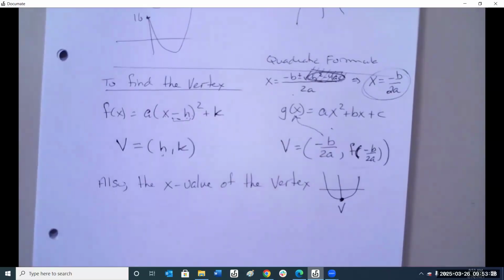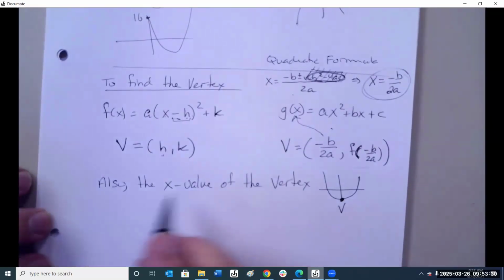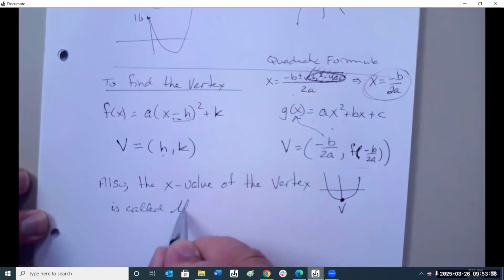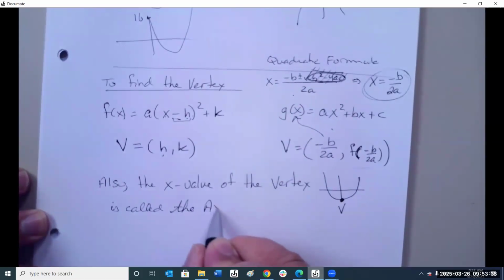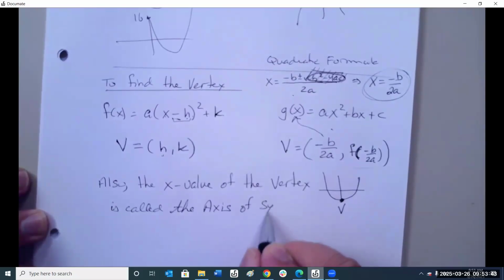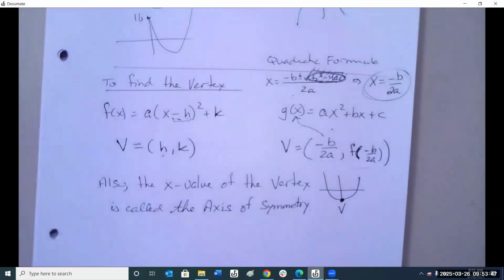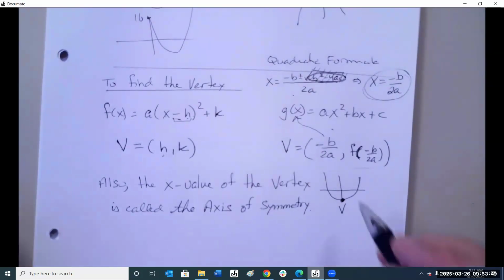It has to be equal on both sides. So the x value of the vertex is called the axis of symmetry. So the x value of the vertex is the axis of symmetry.